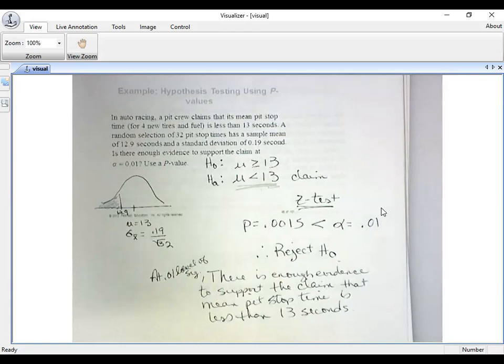It may ask you to find the p-value and just compare it to the level of significance. You know what I'm talking about, where it's just pieces of the hypothesis testing as opposed to the whole thing. So if you're concerned that you're going to have a hard time remembering how to keep all of it straight, that's not going to be what most of this test is. That's one question, okay? So don't freak out.